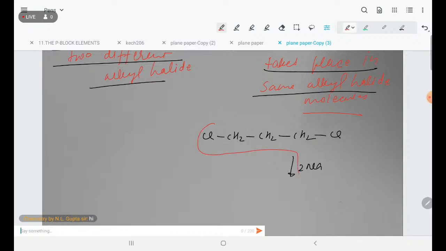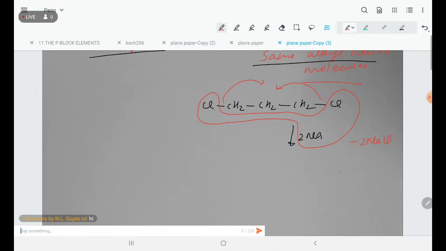This Cl and this Cl are going to be out, so it will be minus 2NaCl, and this carbon is going to join, right? So the compound you are going to get is CH2, CH2, and CH2, that is, you are going to get the cyclic product, right?